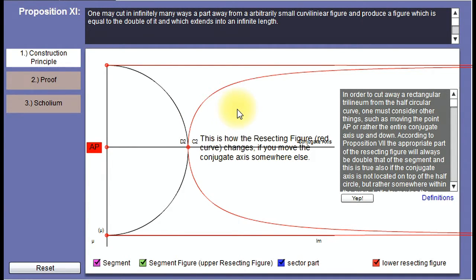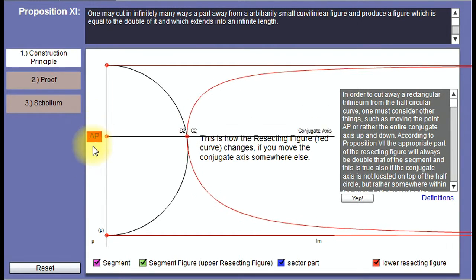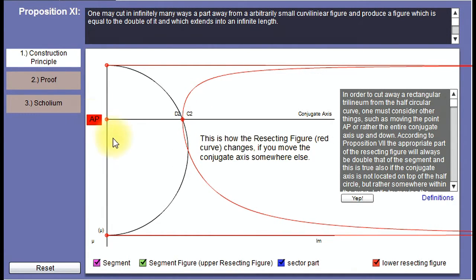But for now, displacing the conjugate axis will help in defining areas which you can cut away from the semicircle and to create different types of sectors, by still knowing that the relating part of the resecting figure is still double the size of the part which you just cut away from the semicircle.